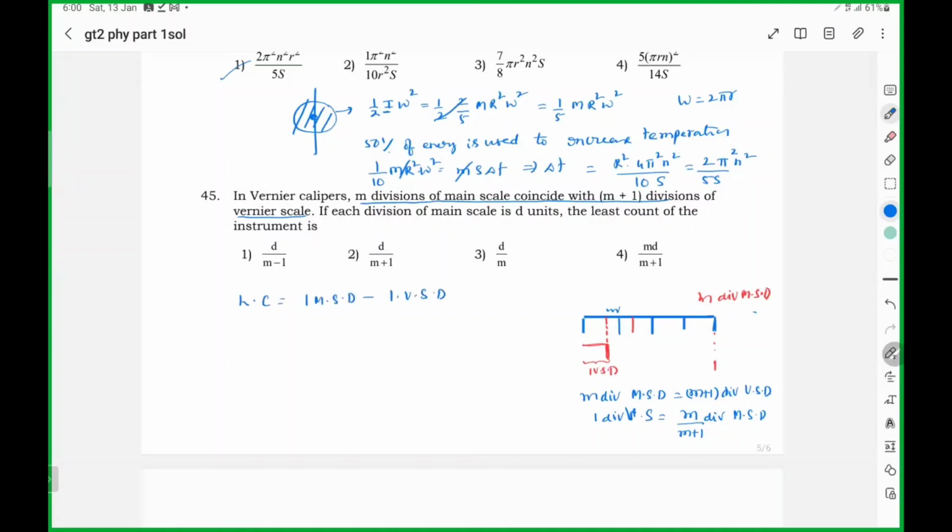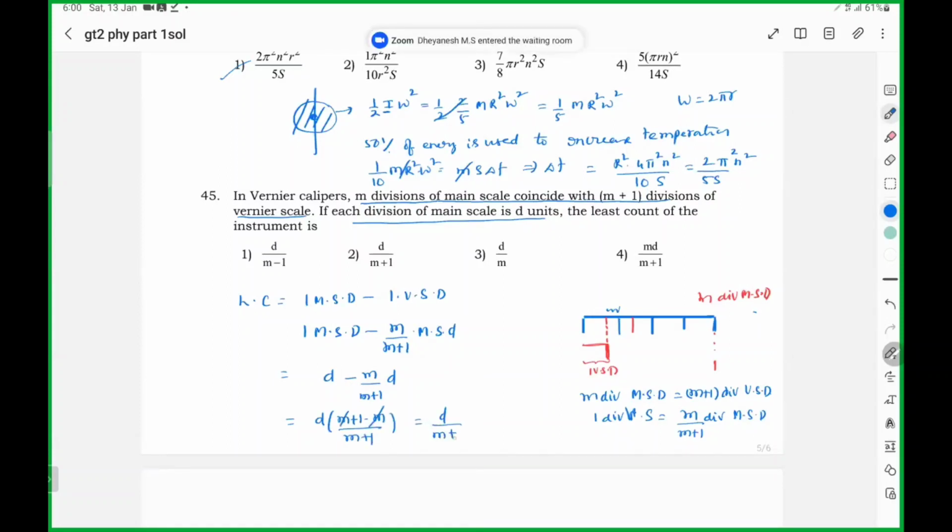So it is one main scale division minus m by m plus 1 of a main scale division. One division of the main scale is d units. So the second one is the answer.